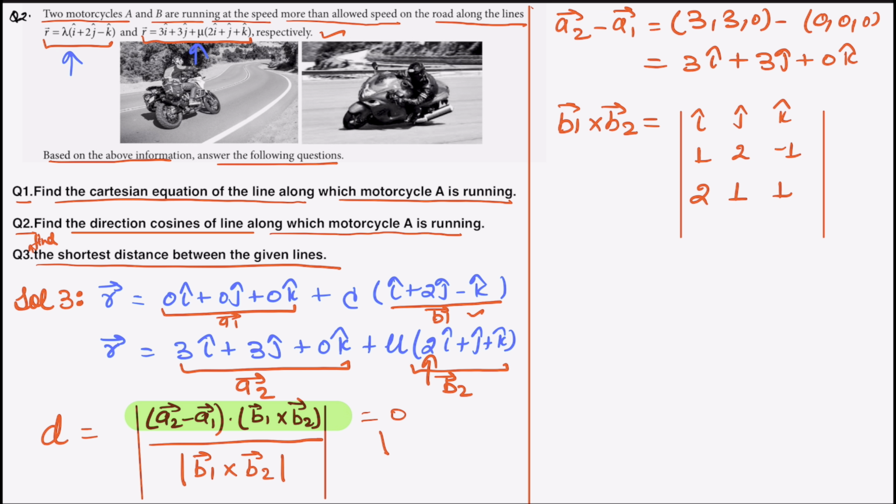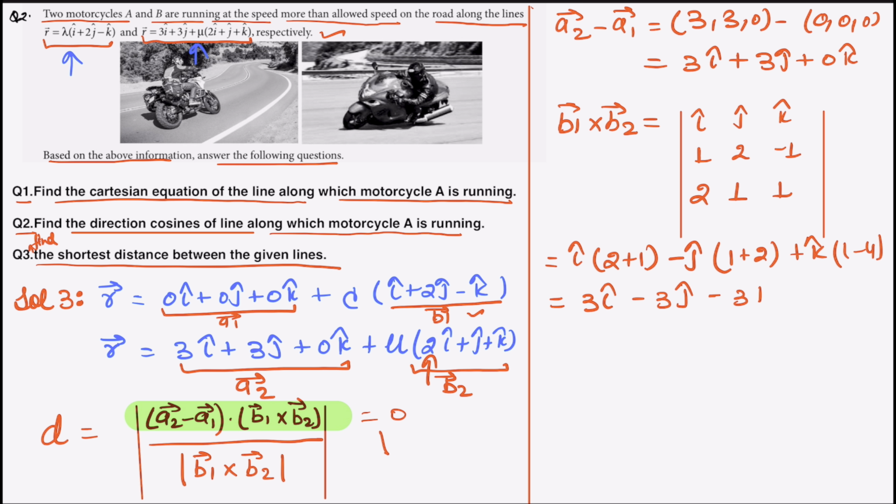Now solving the determinant along the first row, we get i cap into (2 − (−1)), that is plus 1, minus j cap (1 − (−2)), that is plus 2, plus k cap (1 − 4). So from here we get 3 i cap − 3 j cap − 3 k cap.